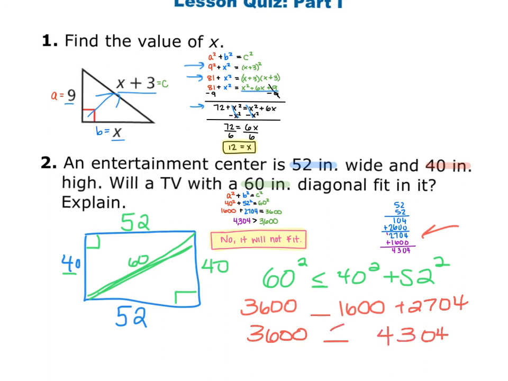Since it's less than it, I know this is actually going to end up being an acute angle, and it would work to make sure that it would fall inside that TV. So it actually will fit. This is a yes, and it will fit because that triangle would be an acute triangle, which is smaller than the right triangle, or the two right triangles, that would make the entertainment center.